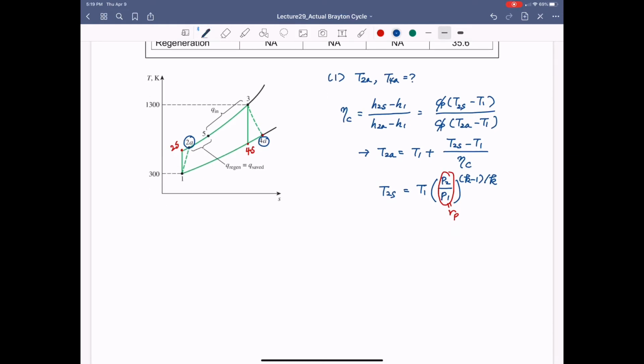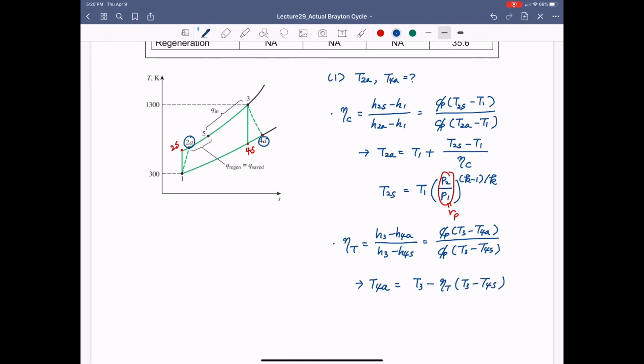Now, how about the turbine efficiency? The turbine efficiency can be written as this. Right? So we also can cancel the Cp out. So T4A can be written as this equation. And also we can calculate T4S with this equation.